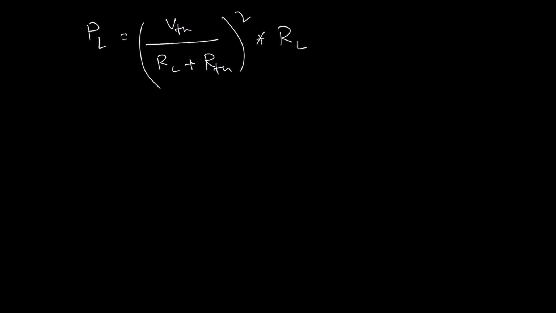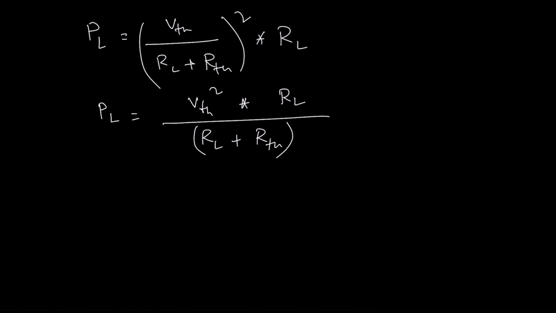So, load power equals VTH divided by RL plus RTH, whole squared, multiplied by RL. Okay. So from here we can write down PL equals VTH squared multiplied by RL by RL plus RTH whole squared. Here VTH is not a function of the load resistance, right?